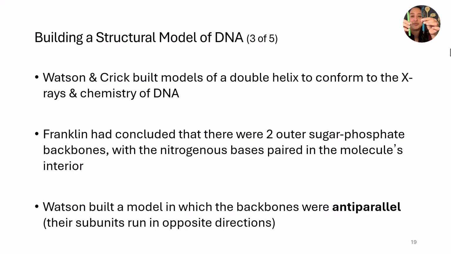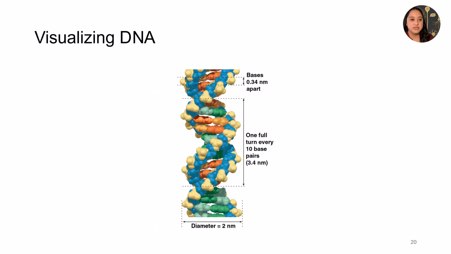So if the writing part is on this side, on this strand, and then the writing part is on this strand going opposite, that's anti-parallel. Parallel would be like they're both going the exact same direction. So they're going anti-parallel. Yeah, he did it like that, and that's how the math worked out.